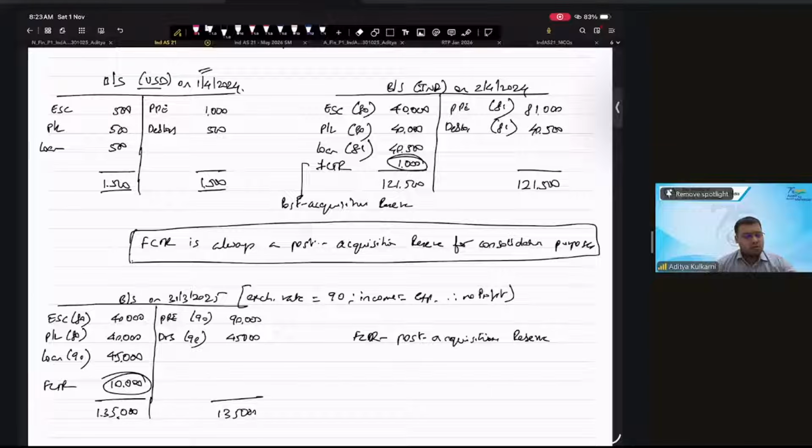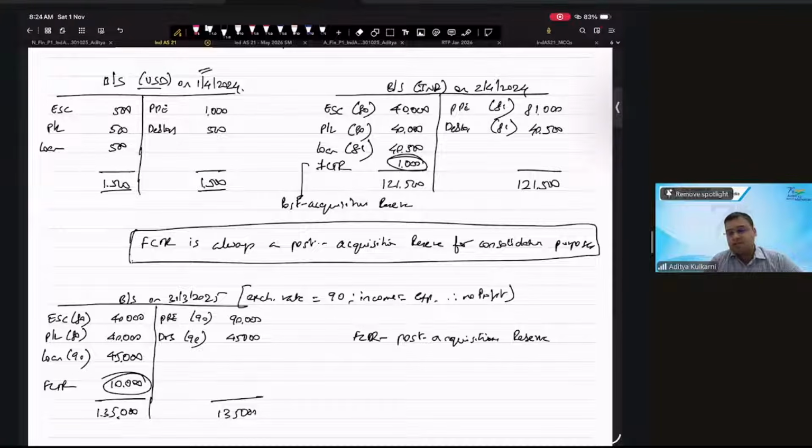So, opening pre-acquisition reserves at the rate on date of acquisition, current year reserves after acquisition using average rate. These three items are extremely rigid in their conversion. And because of this, I am also getting that foreign currency translation reserve.